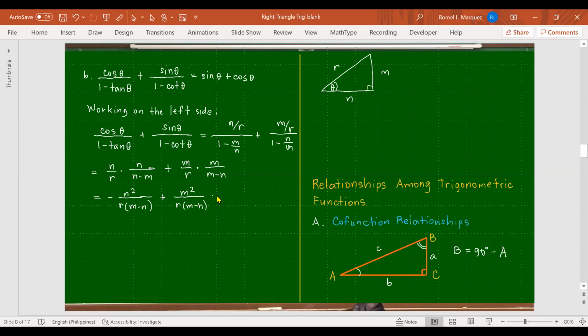So they now have the same denominator, so I can combine the numerator immediately. That is m squared minus n squared all over r, then m minus n. I can factor the numerator into m plus n and then m minus n, all over r, then m minus n, from which I can cancel m minus n.